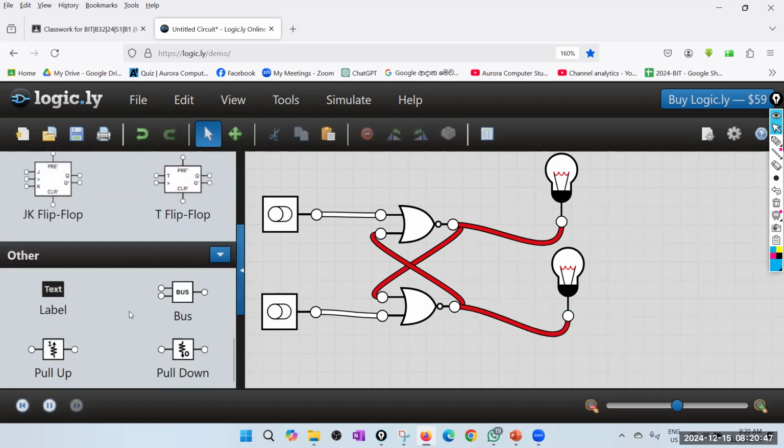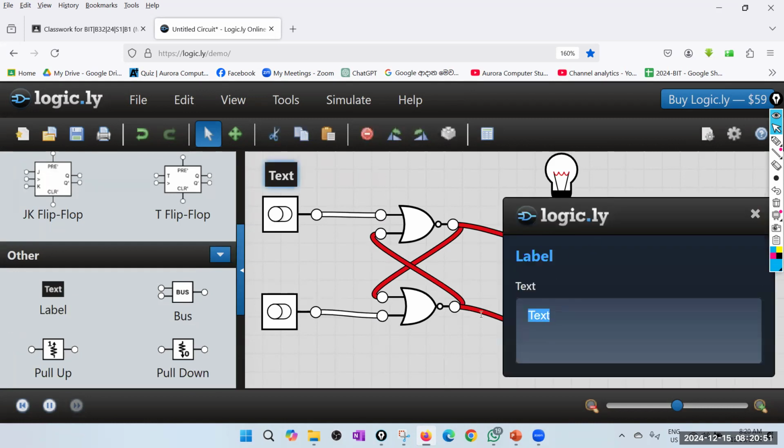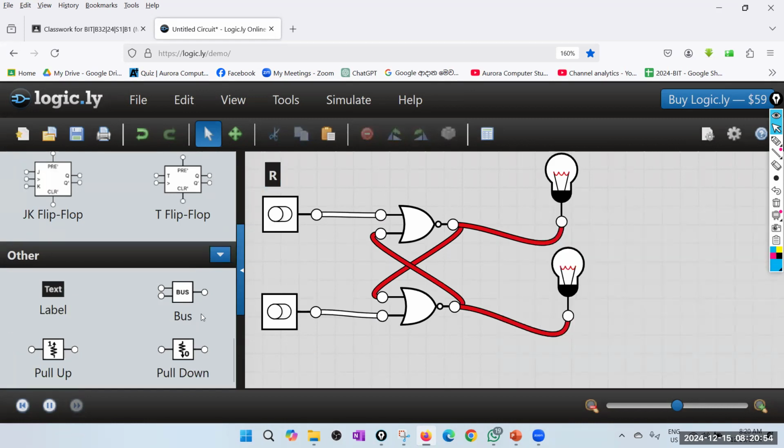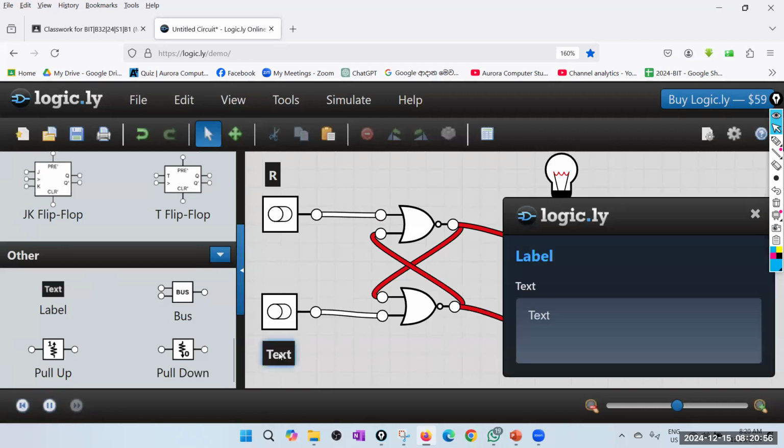Let's add some labels. So this is my R. This is my S. This is my Q. And this is my Q dash.